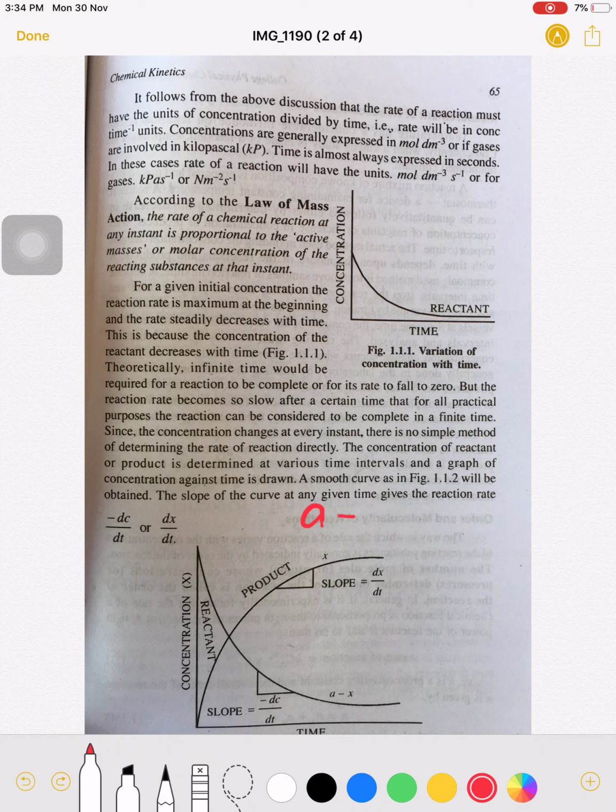So if you see this reactant graph, there is A minus X, and this is X, meaning X is increased and the concentration of reactant goes on decreasing.